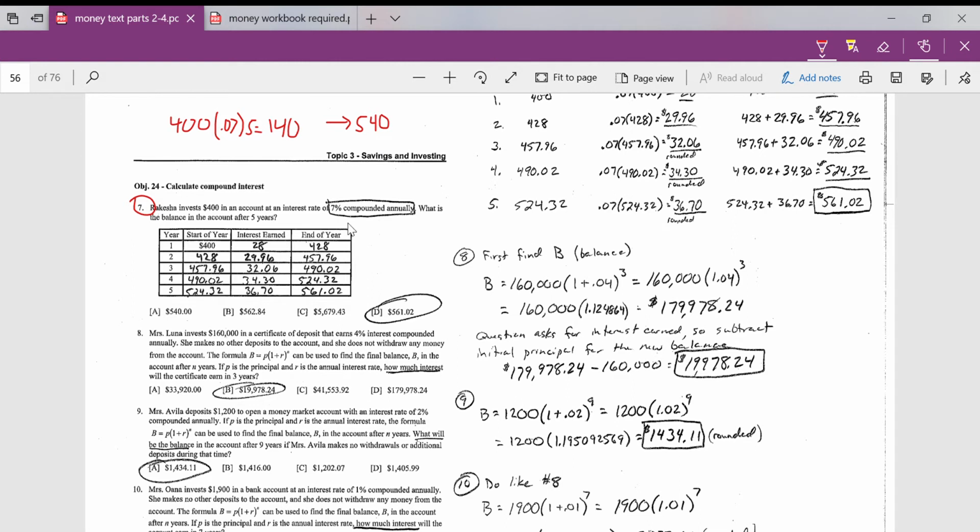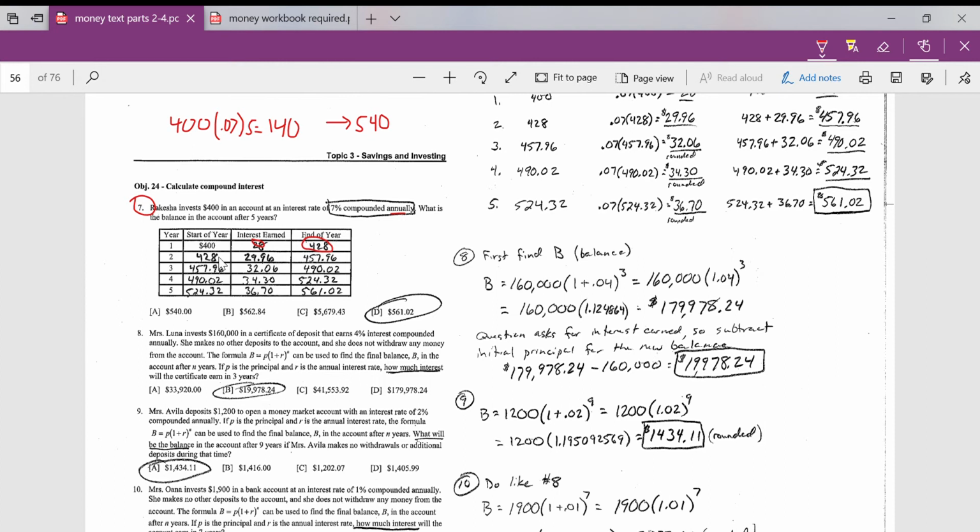But what compound interest does is take whatever you start with, and if it's compounded annually, that means after that first year, they're going to do the P times R times T. So 400 times 0.07 times 1 would give you $28. So now you add that to the original. Now the second year, instead of starting with 400, you're starting with 428.